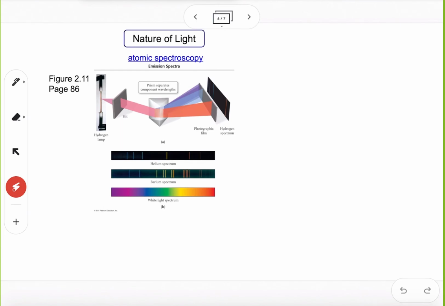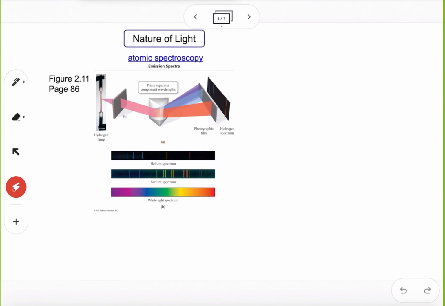With the hydrogen lamp, if you use the slit here and use a prism, you can split the light from this lamp into a couple of different lines, and each line has its color. If you use a helium lamp and a barium lamp, you will see all kinds of lines here.